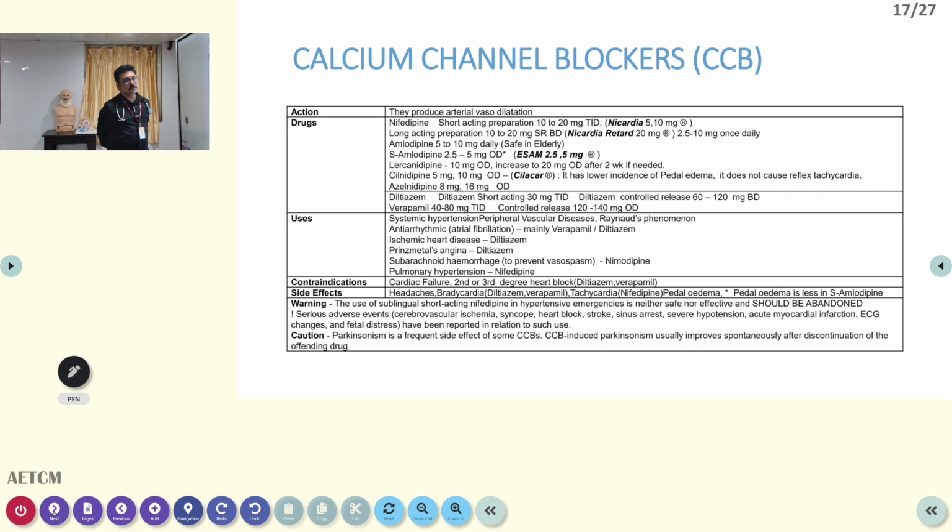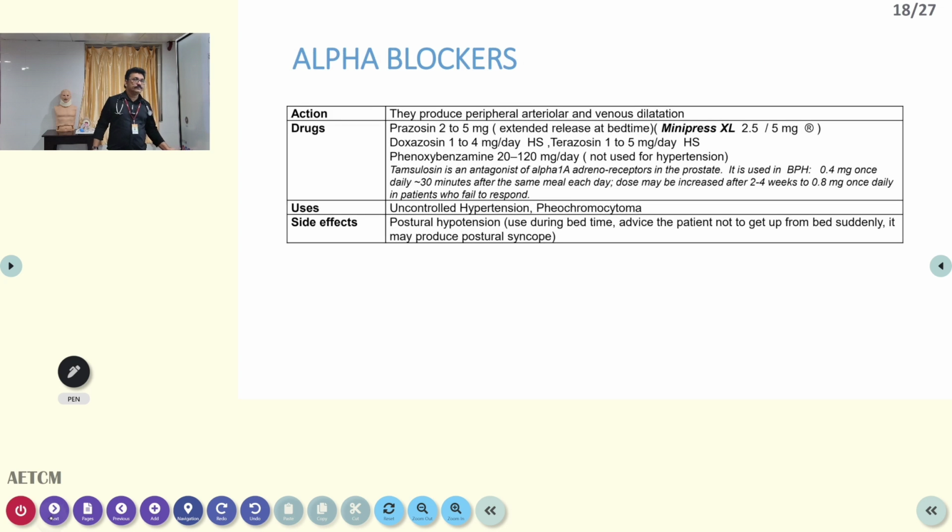Beta blocker controls the heart rate, amlodipine controls the blood pressure, and beta blocker also controls the blood pressure. So one of the common combinations which doctors use is amlodipine with atenolol. That has dual action. Amlodipine tries to increase the heart rate, and that side effect is controlled by the beta blocker, which reduces the heart rate.